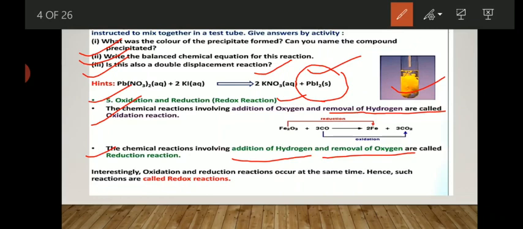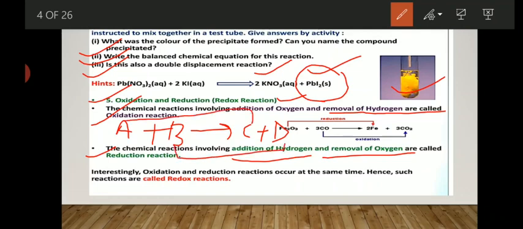Suppose one reaction is there, A plus B, and you are getting C plus D. A is going in an oxidation process and giving C, and B is going in a reduction process and giving D. So a reactant which undergoes an oxidation process is known as a reducing agent, and the reactant which undergoes a reduction process is known as an oxidizing agent.